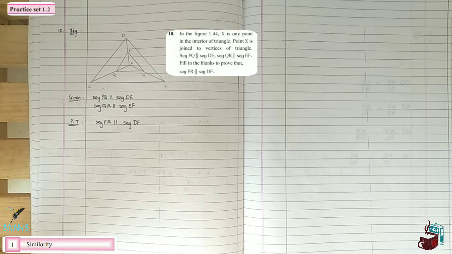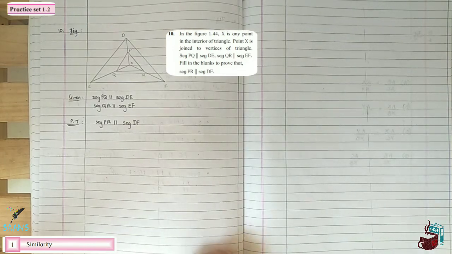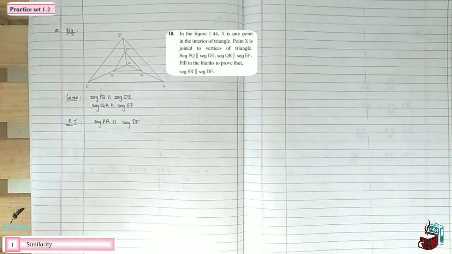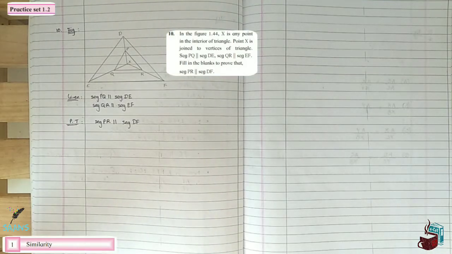Point X is joined to the vertices of the triangle. Segment PQ is parallel to DE and segment QR is parallel to EF. I am not going to fill in the blanks, I am just going to do my sum. You are going to do it as fill in the blanks in your book. You can do both.